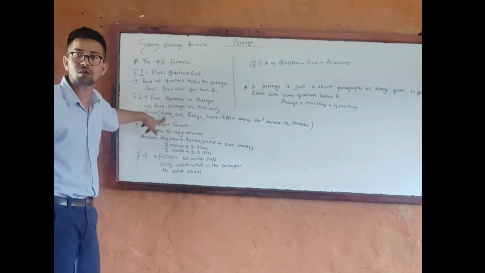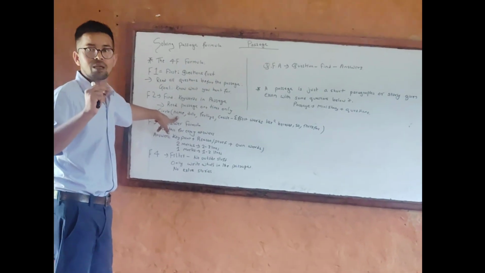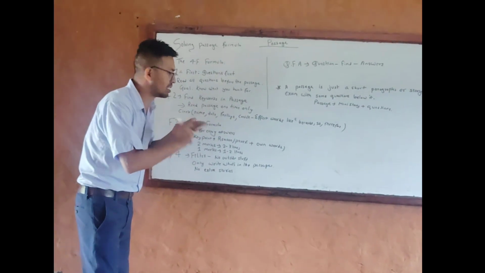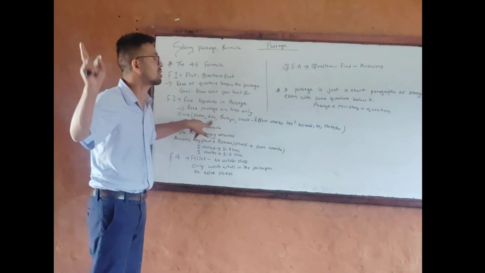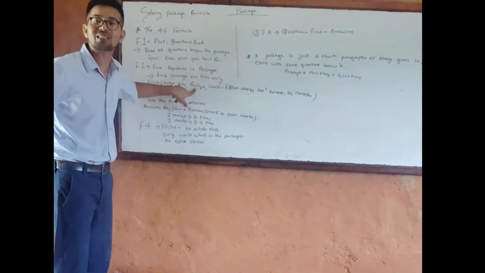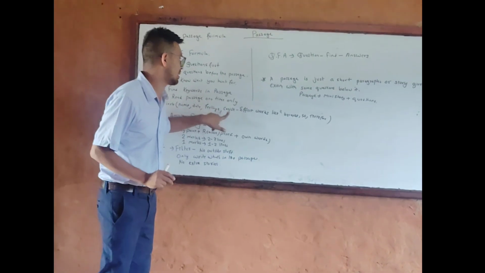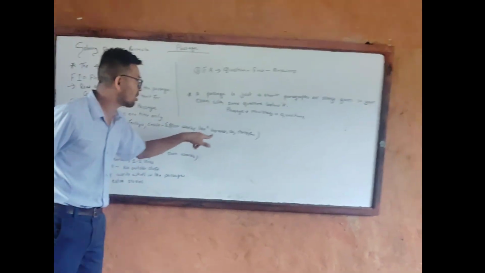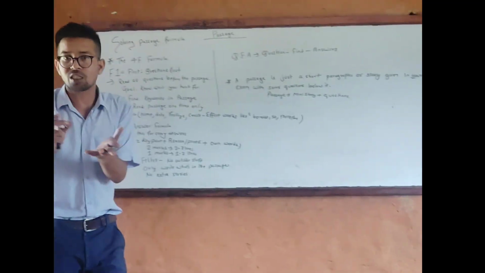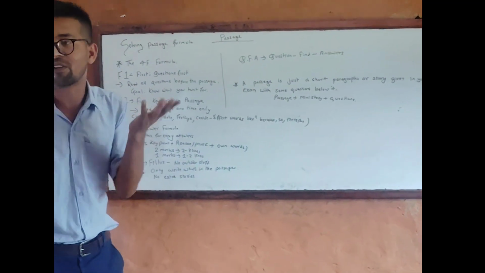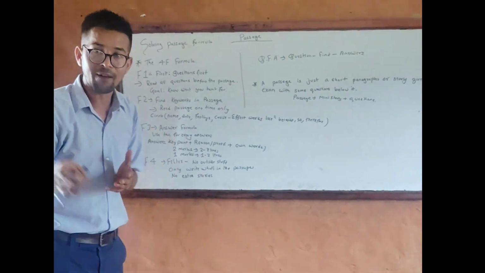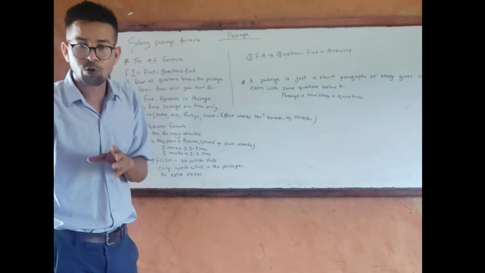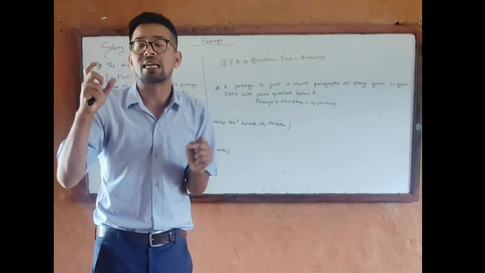If some important name is given, like Siddhartha Gautam, or another important name, you have to circle it. Then circle the date and feelings. If feelings are written, circle them. Causes and effect words, circle them. And then connective words like because, so, therefore, circle them. After that, it will be easier to get the answer.